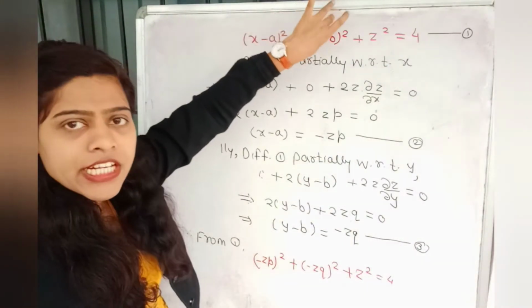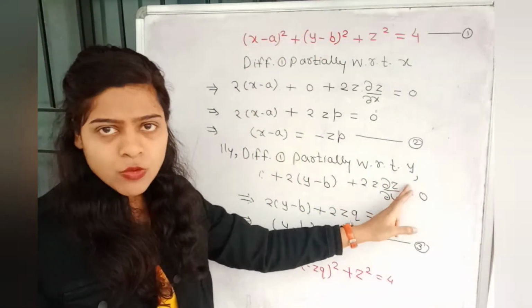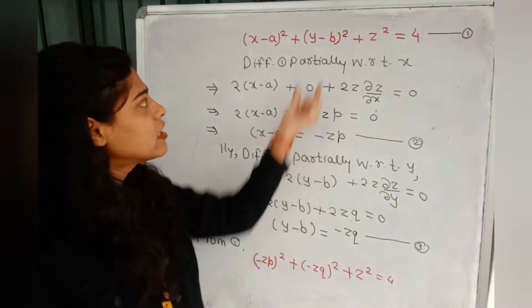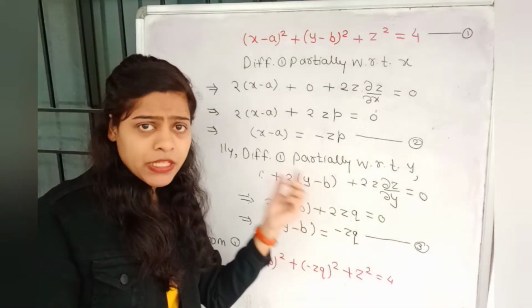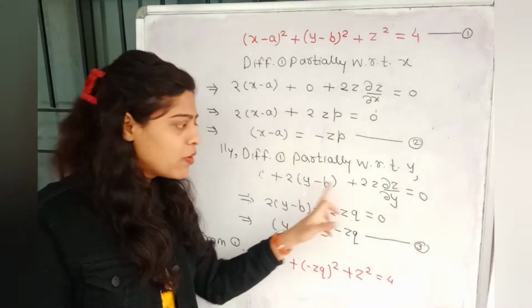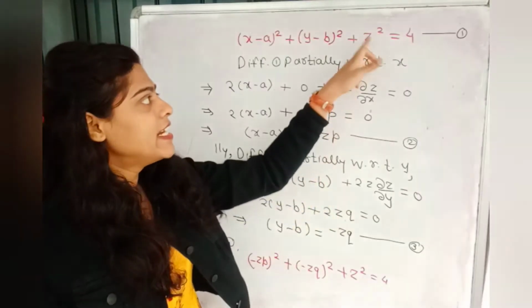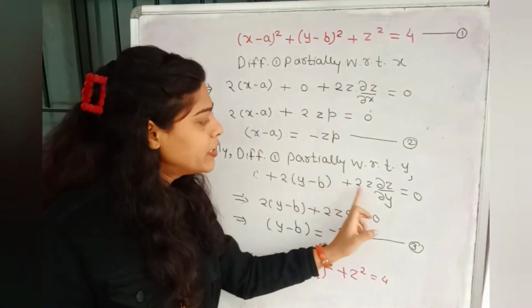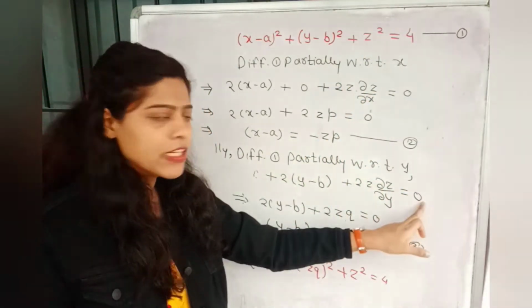Similarly, we differentiate equation number 1 partially with respect to y. The first term is 0, the second term is 2 into (y minus b) into 1, plus 2z into dou z by dou y, which is equal to 0.